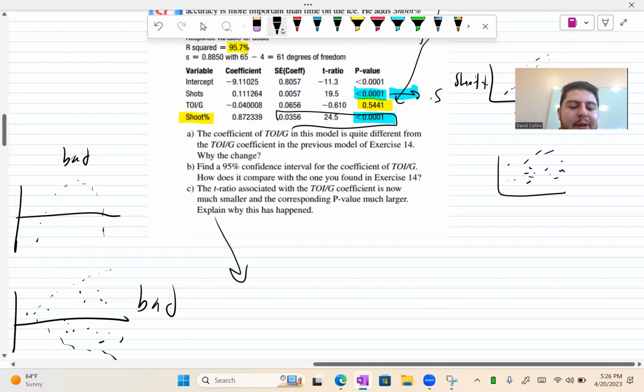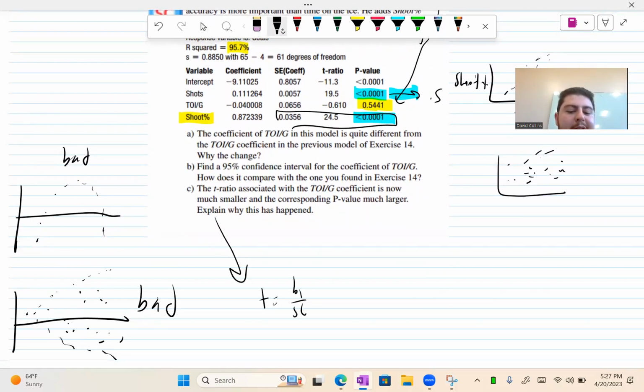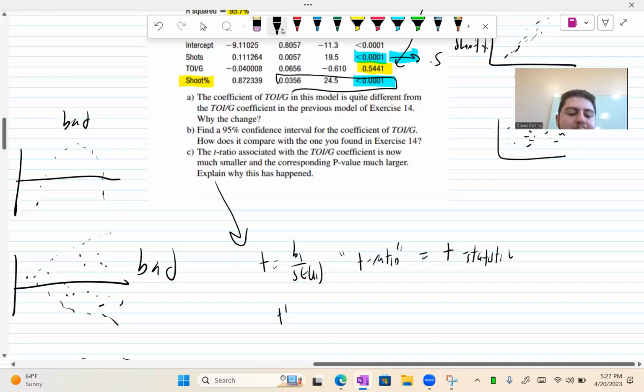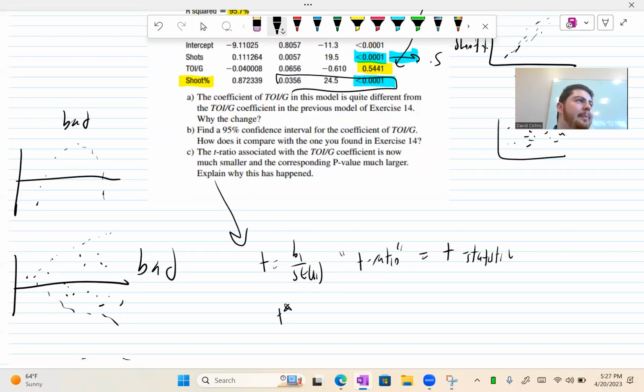For part C, this is your B1 over your SE of B1. T ratio is your T statistic. T critical is from the table. Does that answer your question?